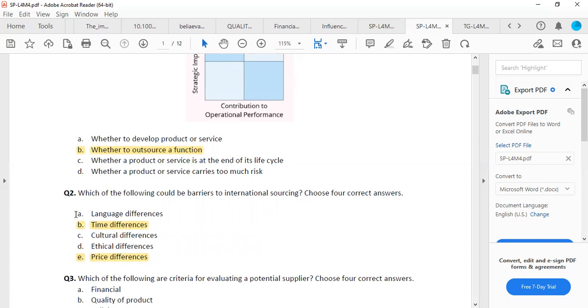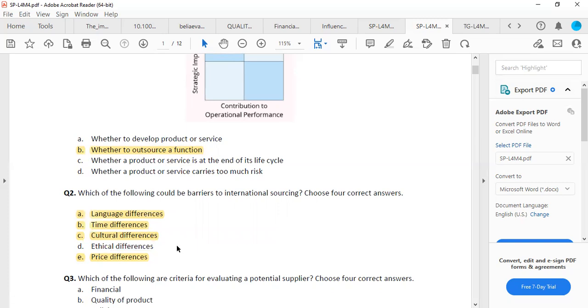Time differences. Okay. And language differences. Okay. And cultural differences. Okay. So we are done.